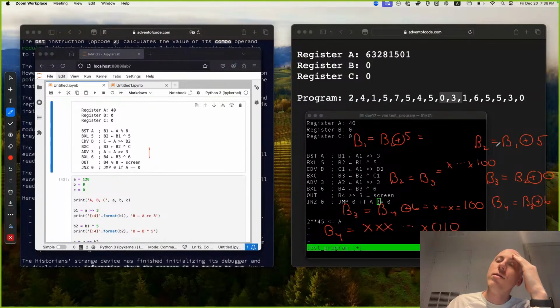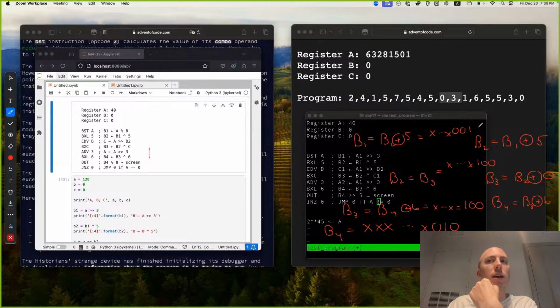If we want to get B1, that equals B2 XORed with 5, which is this X thing XORed with 5. 5 is 101. So it would be this X thing 101, 001. It would just be 1. B1 is equal to that. That's cool.